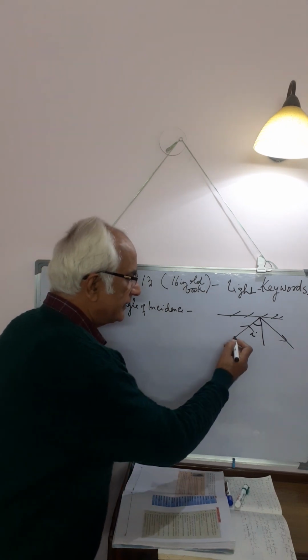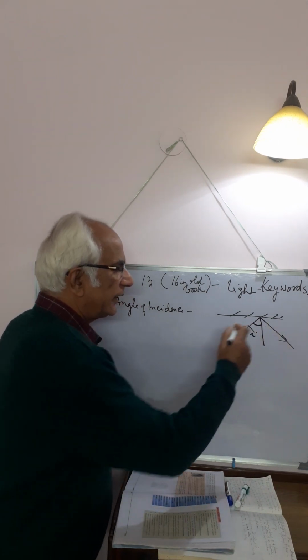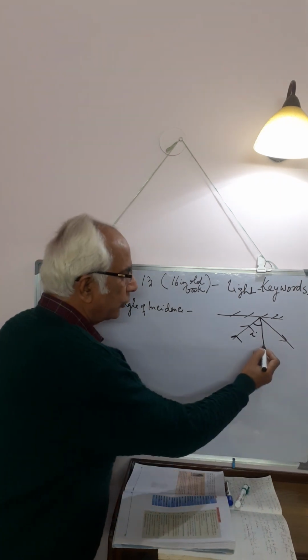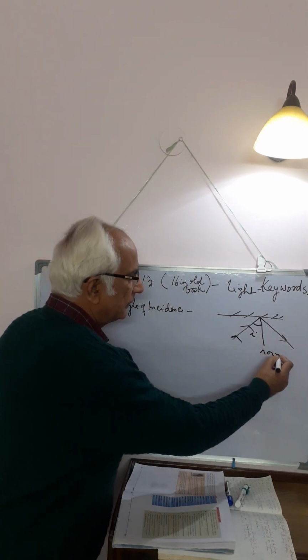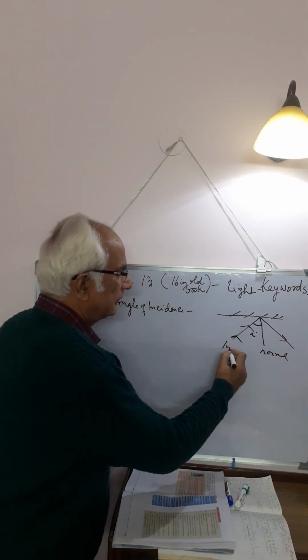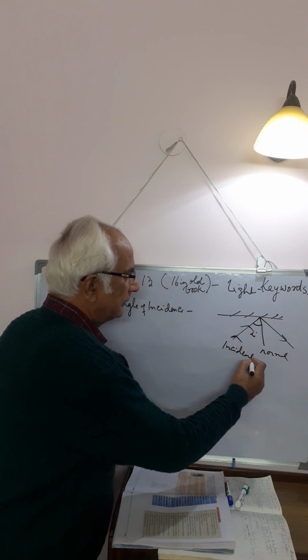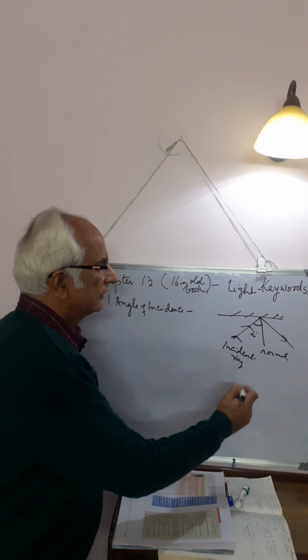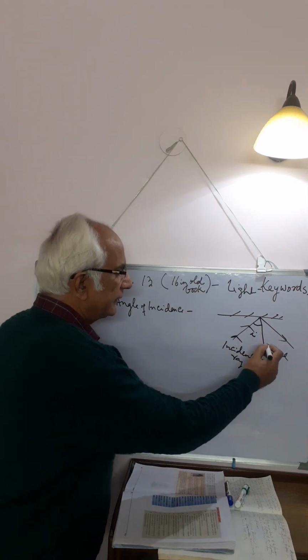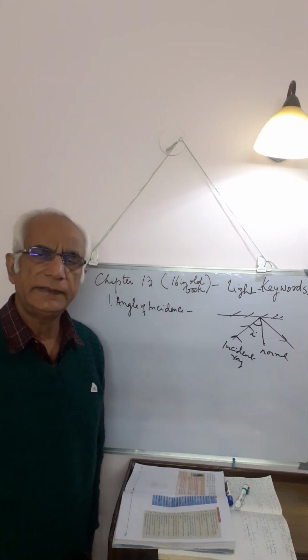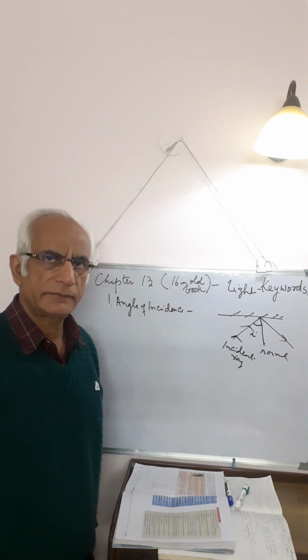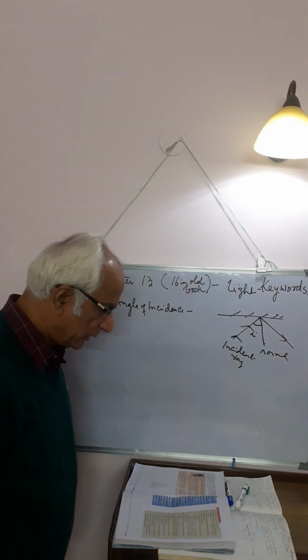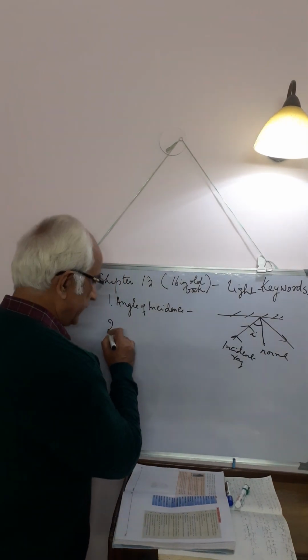This is the incident ray, it is being reflected here, and this is the normal. At the point of incidence, the angle between incident ray and the normal is called the angle of incidence. Okay? Now we'll come to the second point.